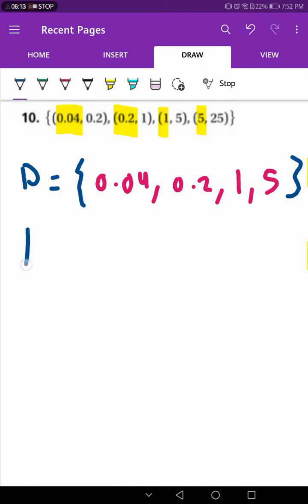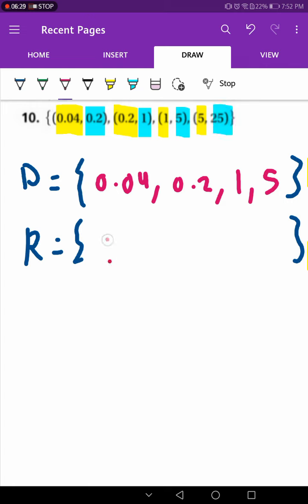And the range elements, yes, the y-axis values, sorry, is the range part. I know you know, my dear student. So 0.2, 1, 5 and 25.